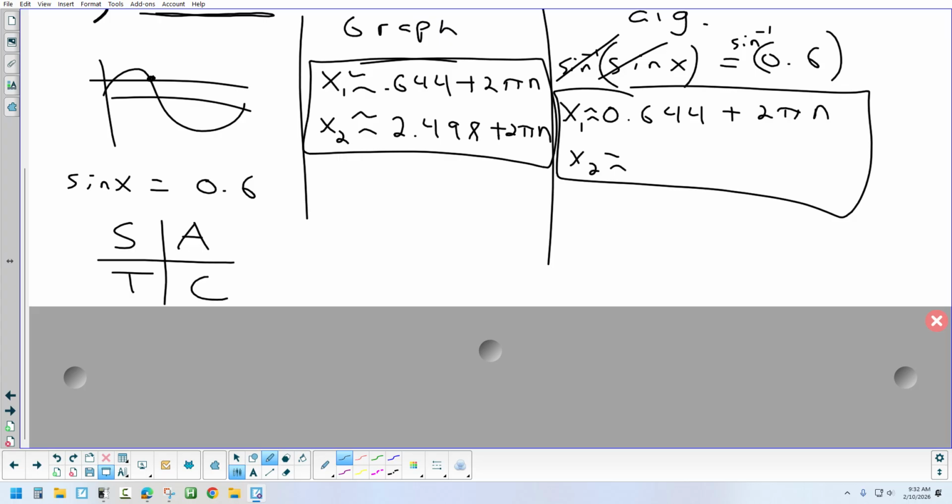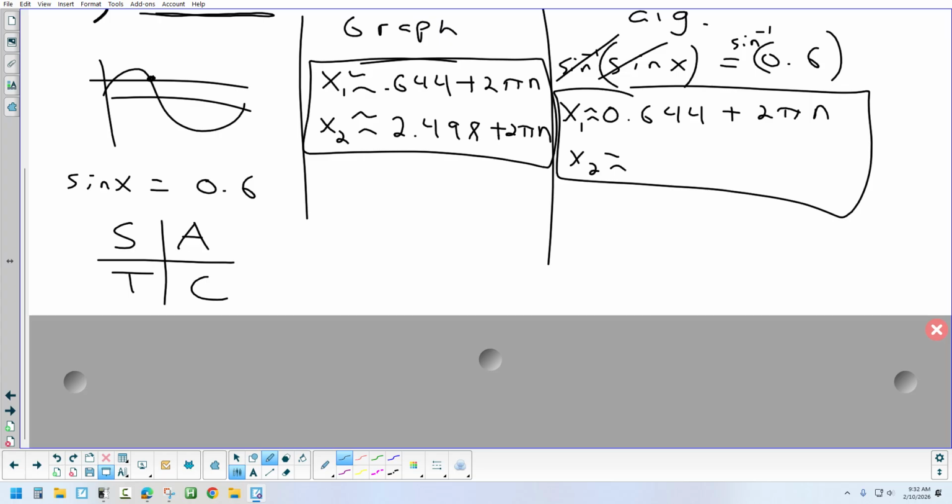But what this diagram is showing you is where each trig function comes out positive. So in quadrant 1, all trig functions are positive. Sine, the cosine, the tangent, and of course the reciprocals.